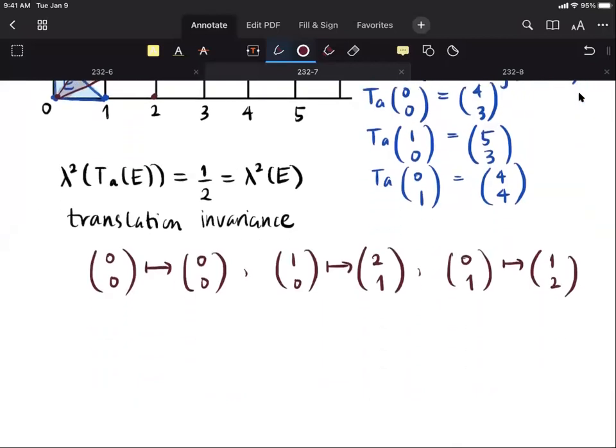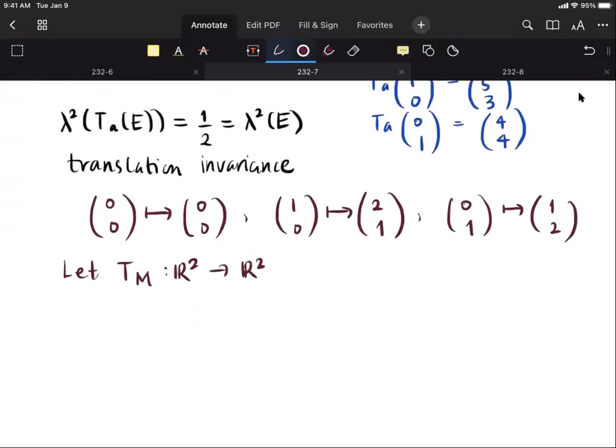Now, let T sub M be the linear transformation defined in the following way. T sub M of (x,y) is equal to the following matrix times (x,y).